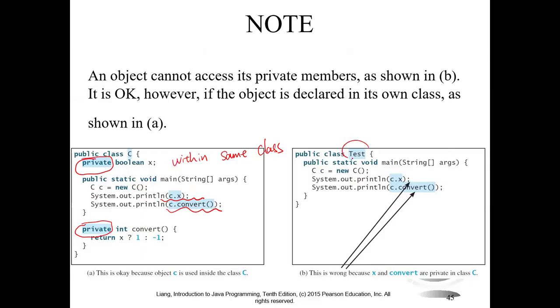However, when we change to another class, for example, here we new a C, since the X is private and this convert method is private, we are no longer allowed to access the data and the method because they are in different classes. That's the reason.